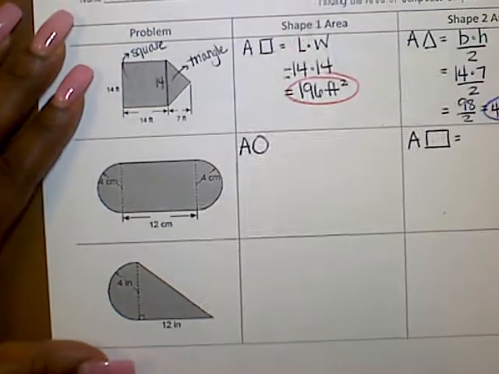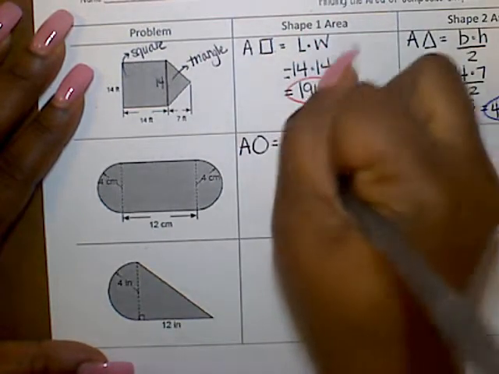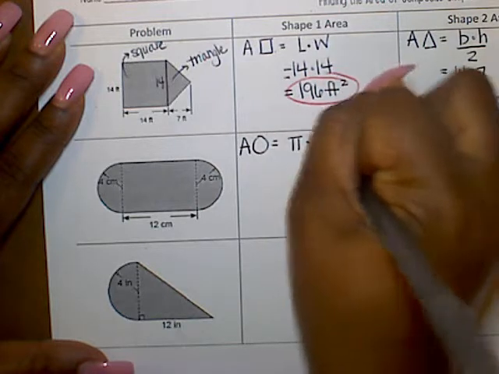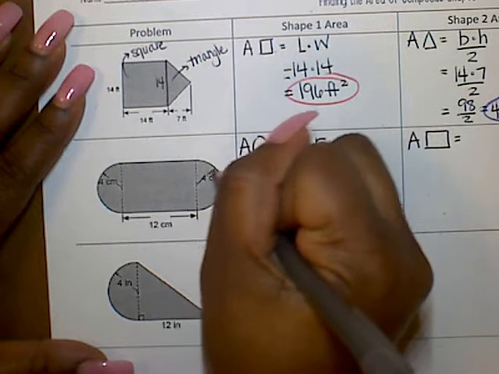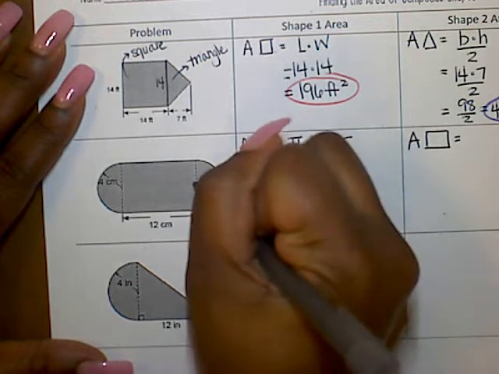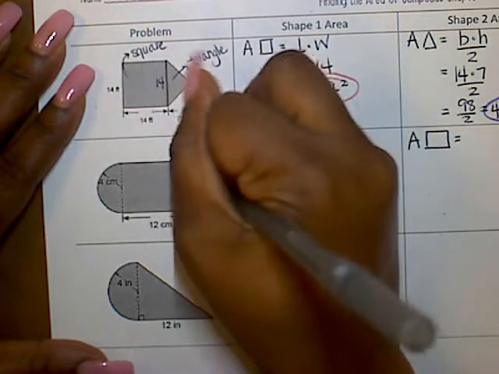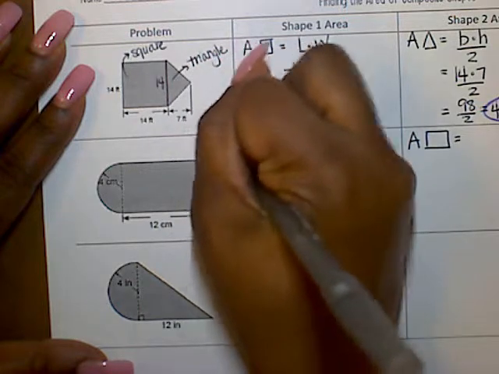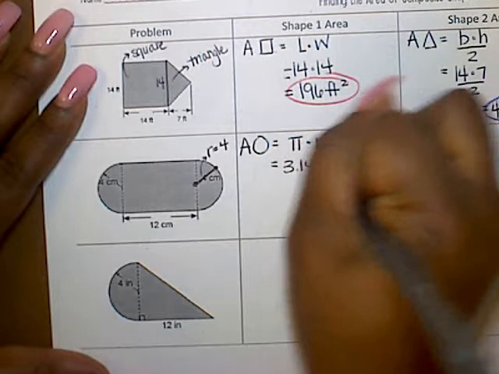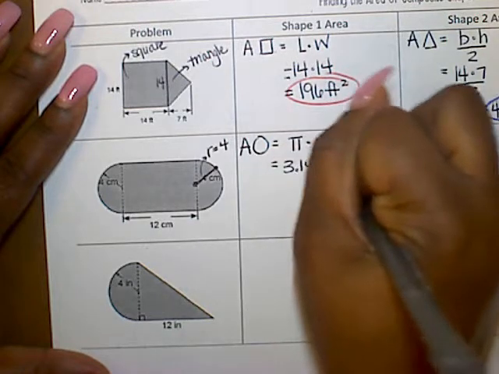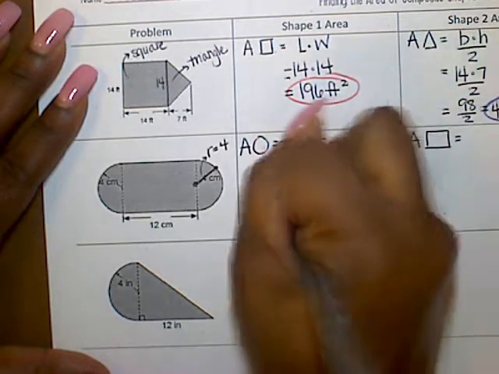Okay, so let's start with the circle. Our formula is pi times r times r. The radius goes across like this, up and down, so it starts at the center and ends on the edge. So this is our radius, which is 4. Pi is 3.14, r is 4, r is 4.